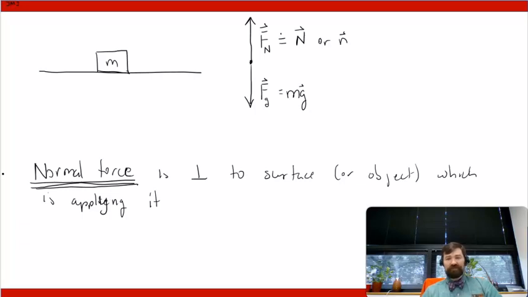It's no longer purely pointing in the opposite direction of gravity. Gravity would still, in this case, point straight downward, but the normal force would now point in some other direction. For what it's worth, this word normal is often used in mathematics to mean perpendicular. So that's why it must be perpendicular. That's where the name comes from. It's got to be perpendicular to the surface.